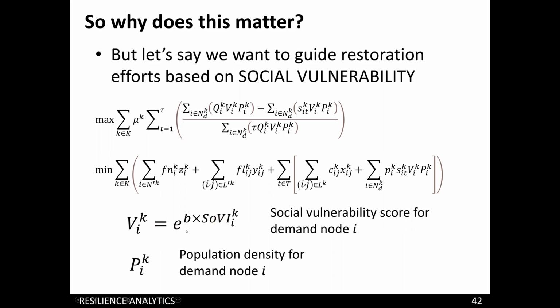We wanted to make that social vulnerability stand out in an exponential way. So we do an exponential function on there. And then this is population density. So we're accounting for social vulnerability and then also the density of the population in a particular area where demand is being met or not.